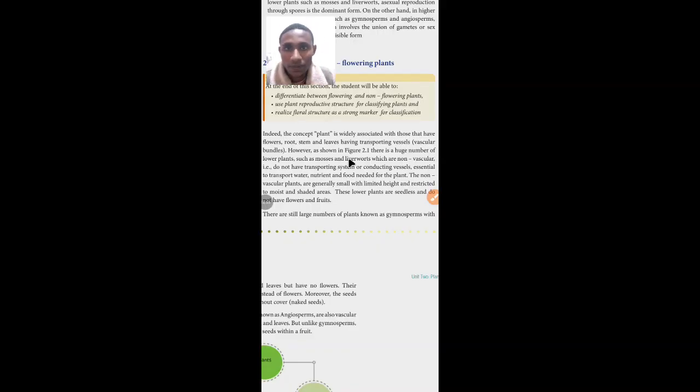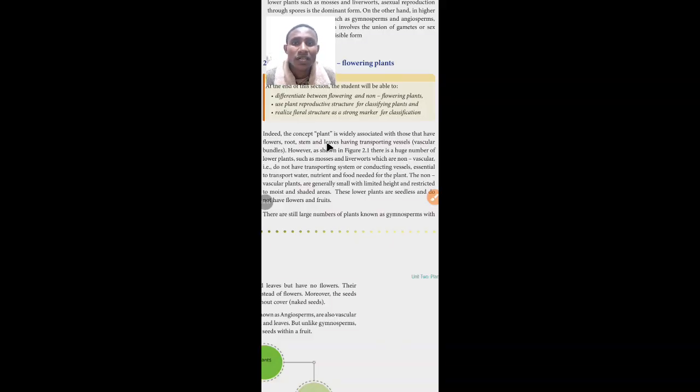Xylem is essentially dead cells, and it serves as a vascular bundle to transport water from the root to the leaves.